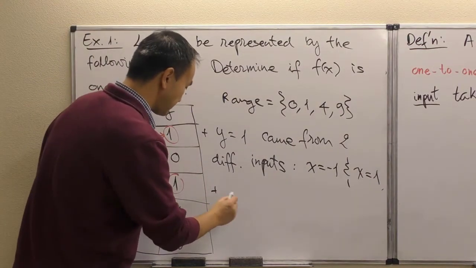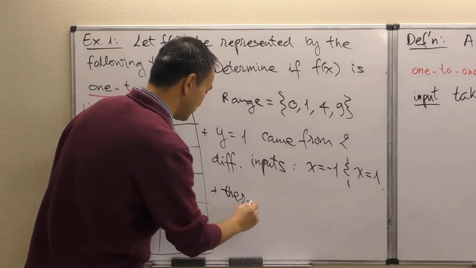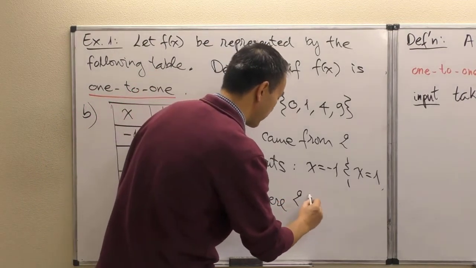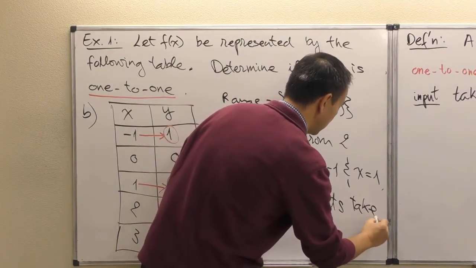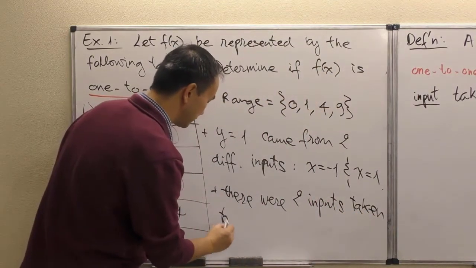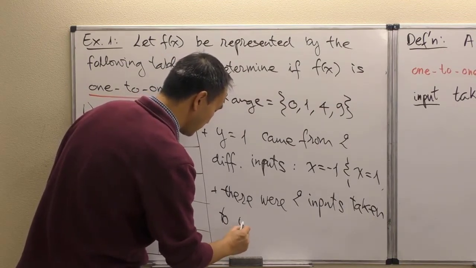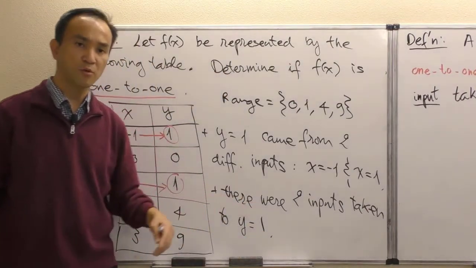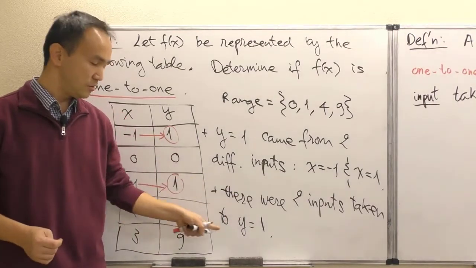Another way of stating it, generally speaking: there were two inputs taken to y equals 1. Y equals 1 is an output. There were more than one input taken to y equals 1.